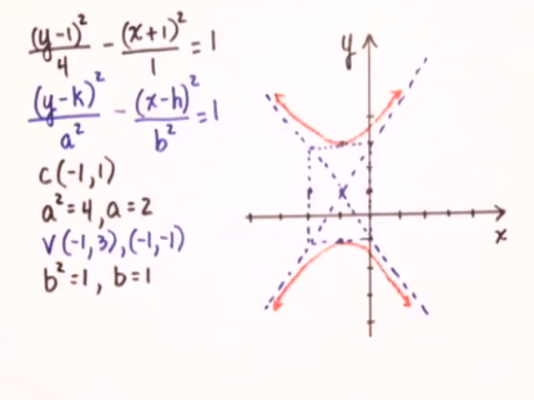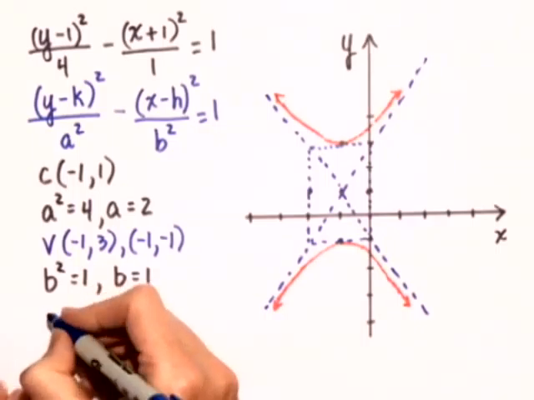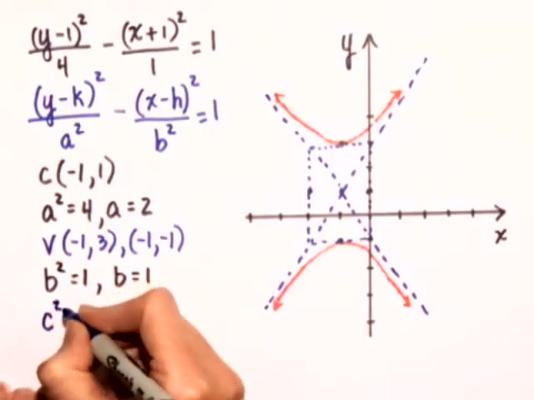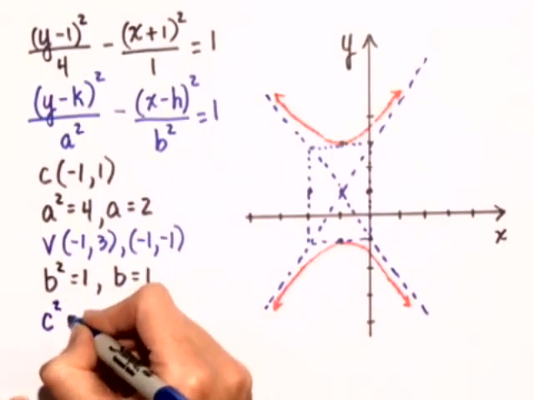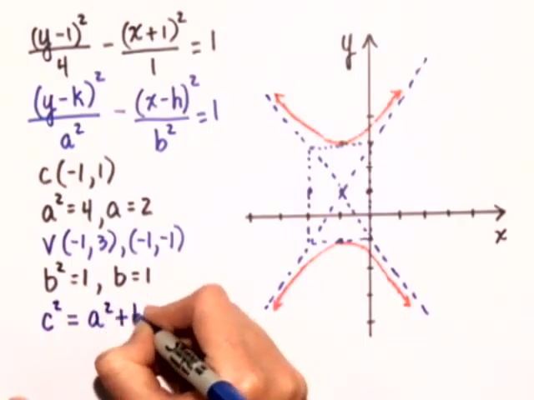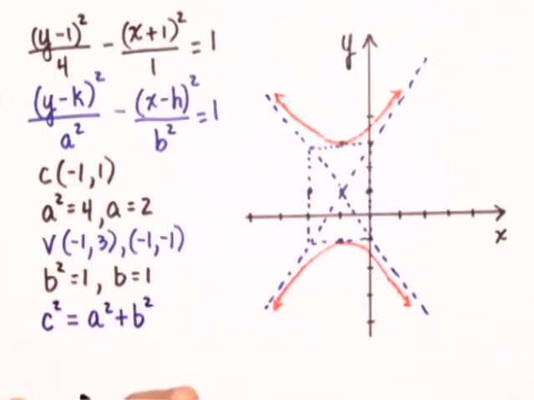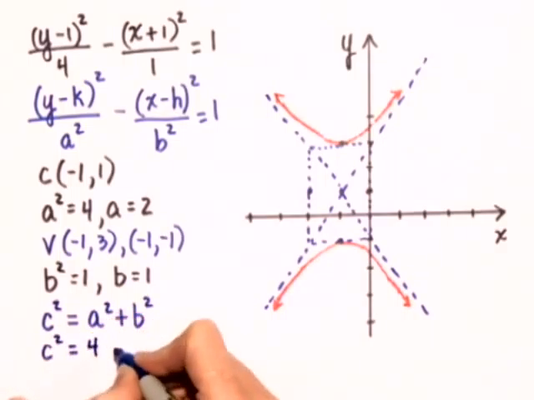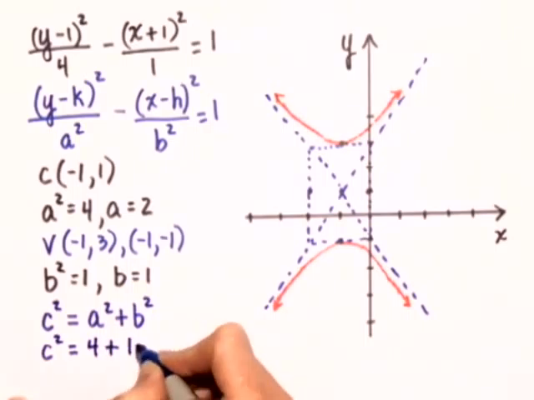We also want to find the location of each focus. In a hyperbola, we can find information about the focus using the equation c squared is equal to a squared plus b squared. So in our case, we have c squared is equal to a squared, which was 4, plus b squared, which was 1.